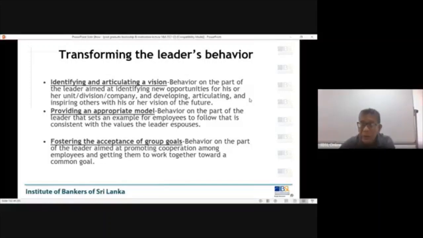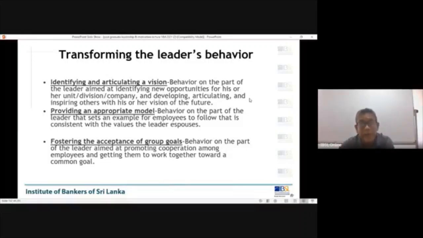A good leader must articulate the vision based on a given situation. There may be opportunities in the market, so the head of that division articulates and inspires others to go for that vision. A vision, as we discussed, gives you a direction for your division or organization, right?